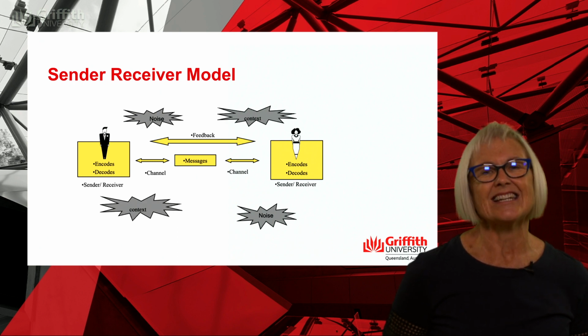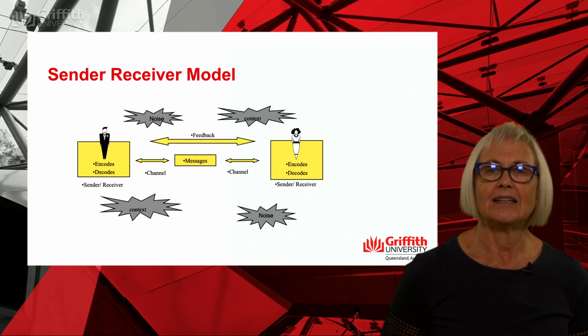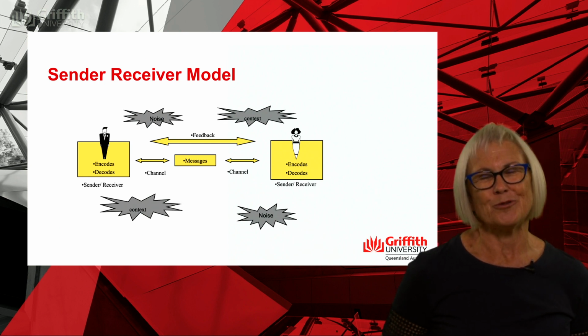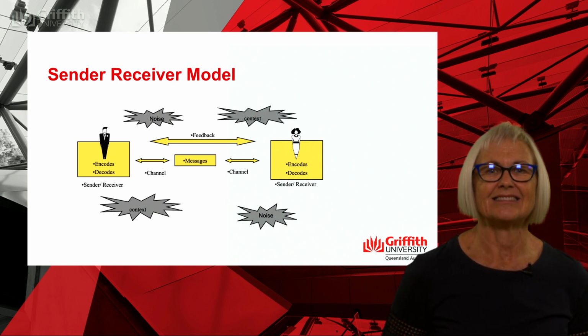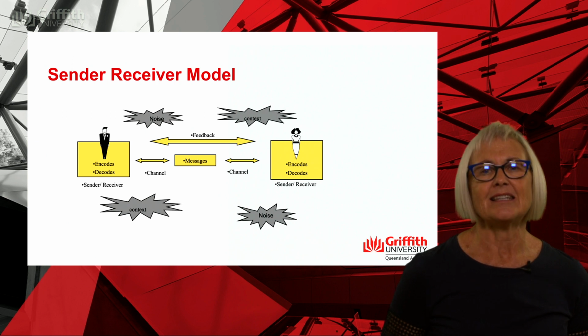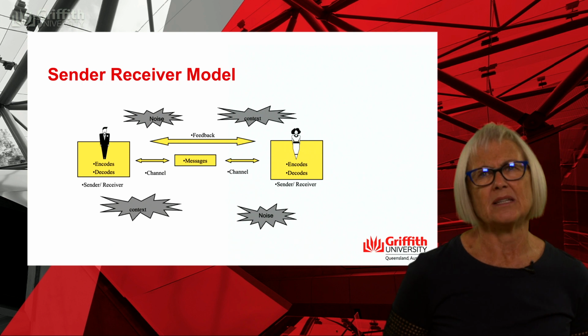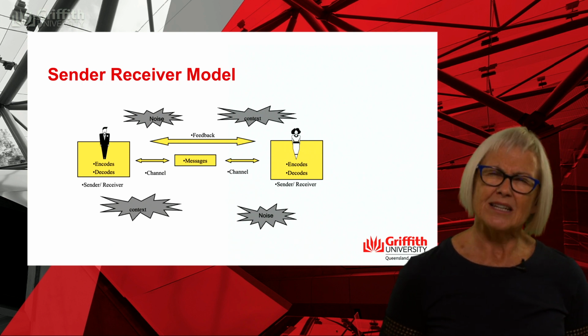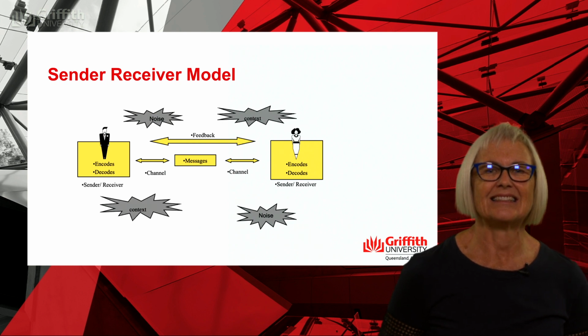The message contains words, signs, movement, depending on what channel we use. The channel may be email, or it may be face-to-face conversation. When the message is received, then that person interprets what has been said. They try and make sense of it, and they try to find the meaning in it.